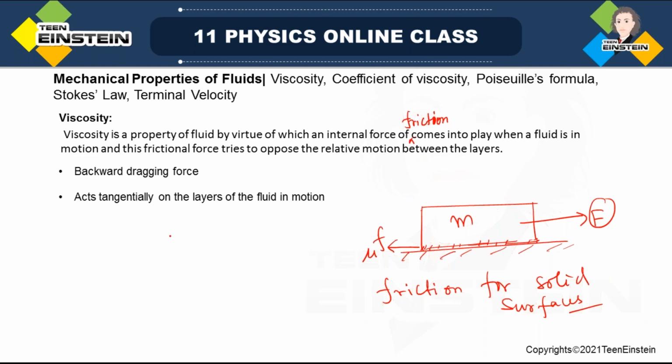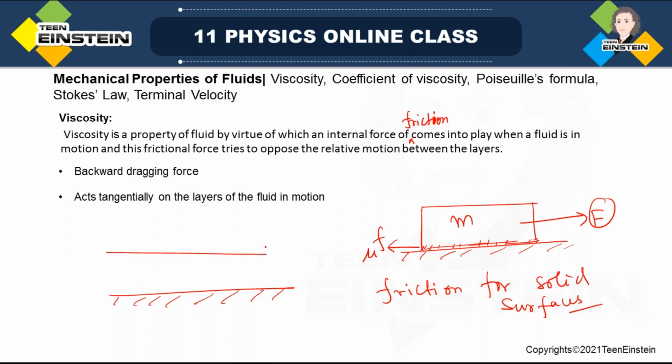First of all, when a liquid is flowing through a tube, or let me take only one solid surface. Suppose there is a horizontal fixed surface over which you can think of a canal or river.